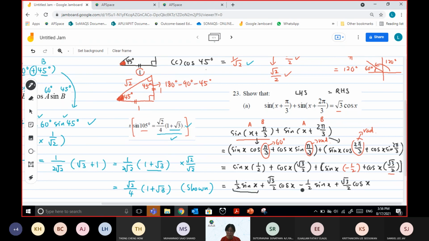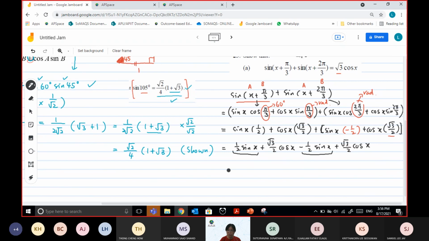This one minus this one, so 0. Then you have square root of 3 over 2 cos x plus this one, so you will get square root of 3 cos x. So do I get the same answer? Yes. Okay, Sean.